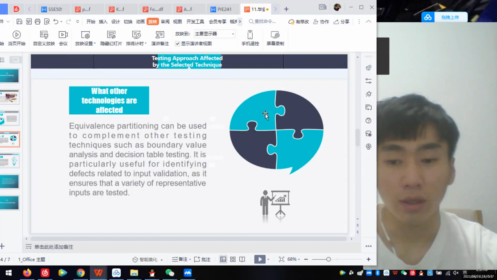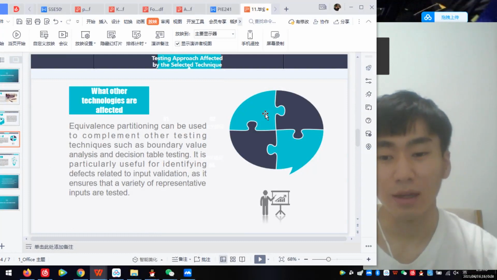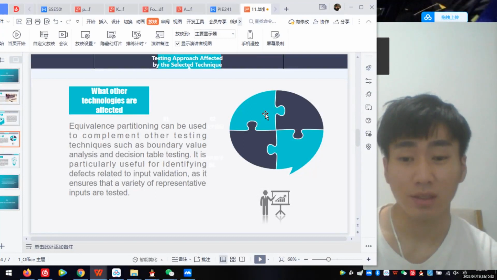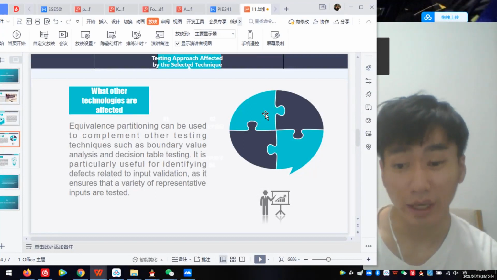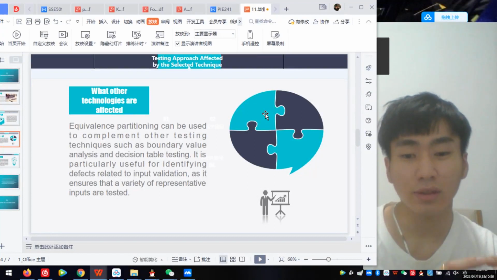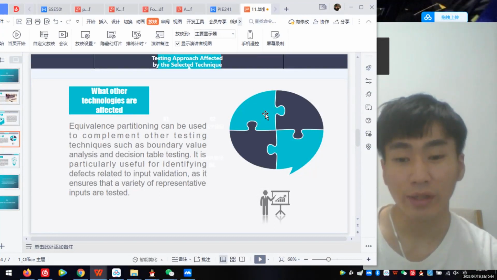We all know every technique has its defects. It may be some different things. Equivalence partitioning is a black box testing technique, so it focuses on testing the system from an external perspective without considering its internal structure.